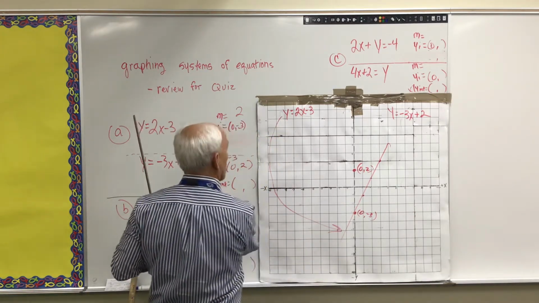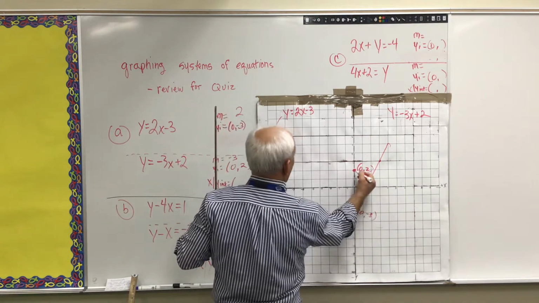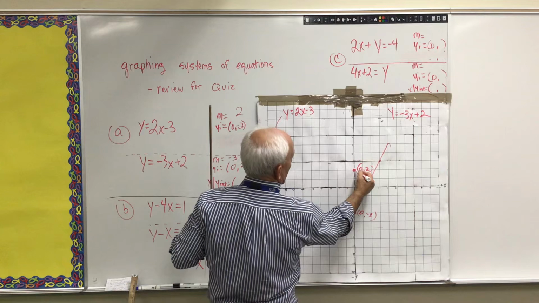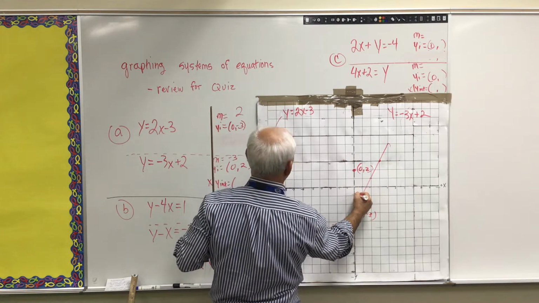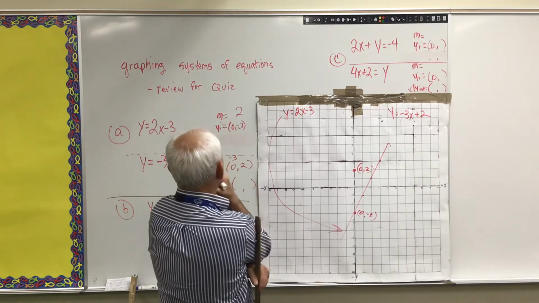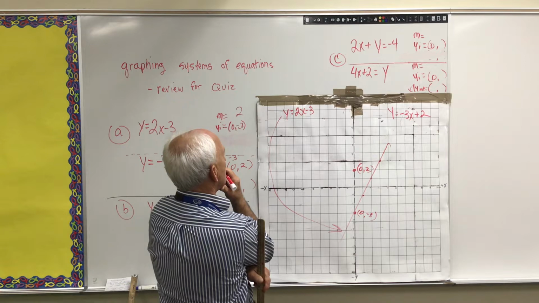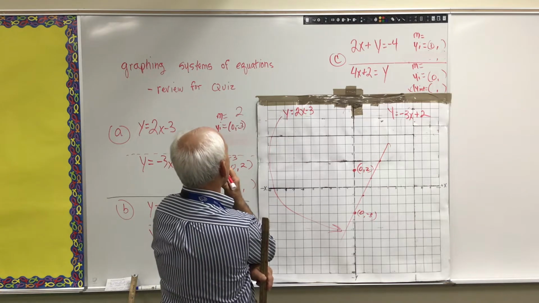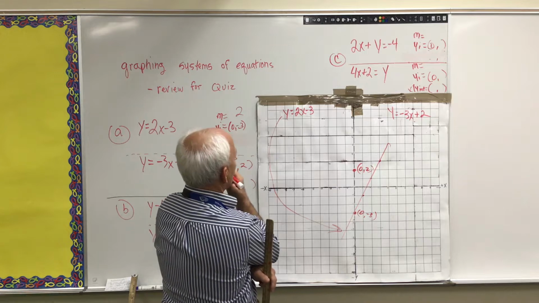Now let's go to the second one. We have right here 0, 2, and we're going to go down 3 and over 2.